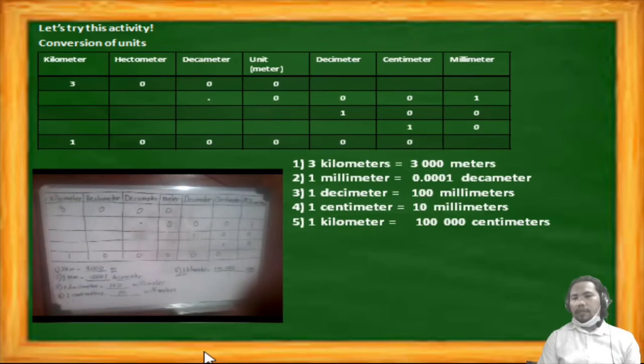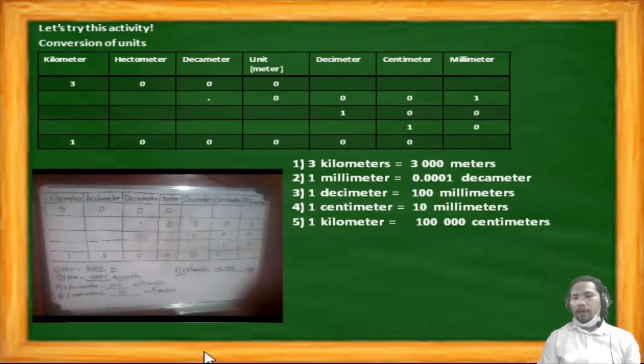We will try to see our answers. For number 1, 3 kilometers is equal to 3,000 meters. Number 2, 1 millimeter is equal to 0.001 decameter. And number 3, 1 decimeter is equal to 100 millimeters.